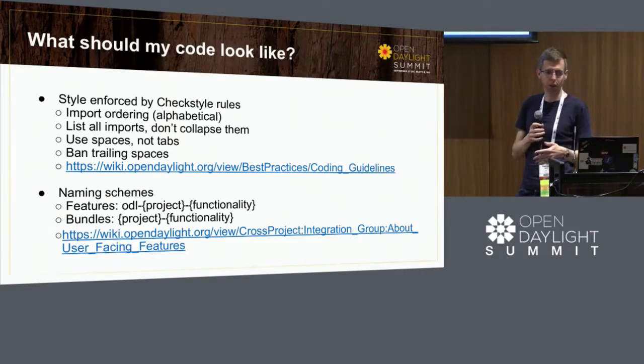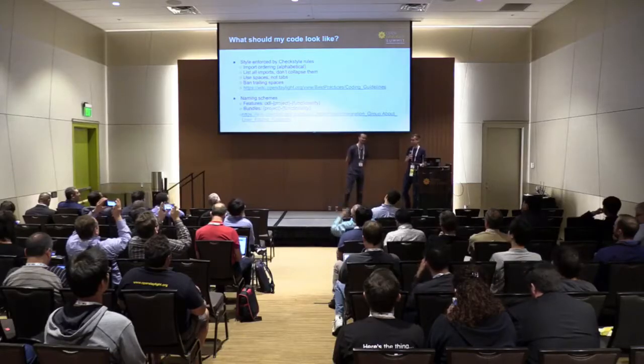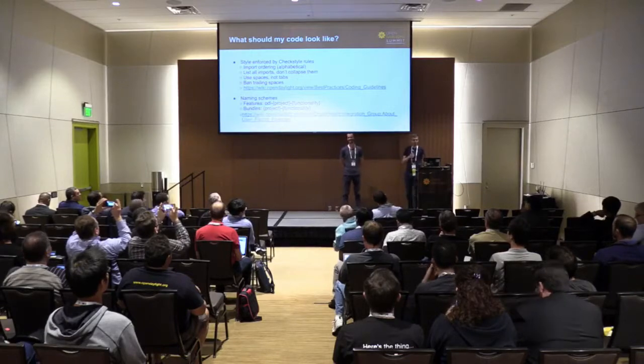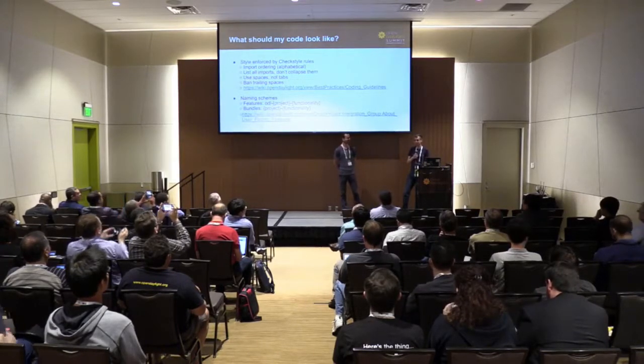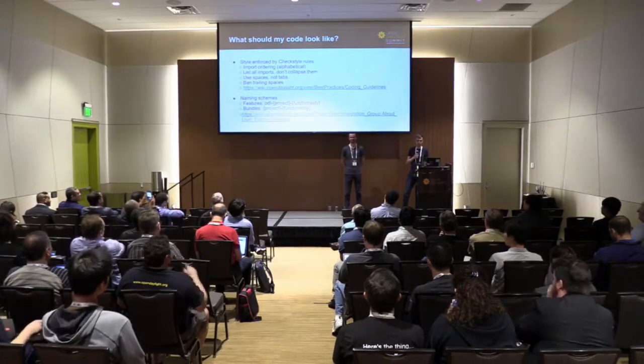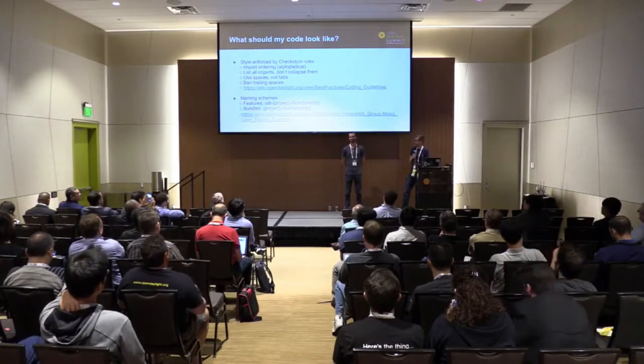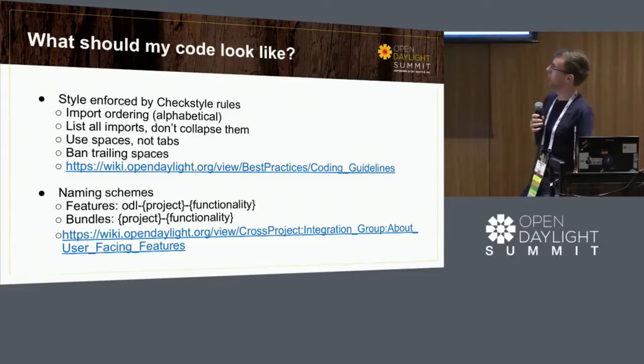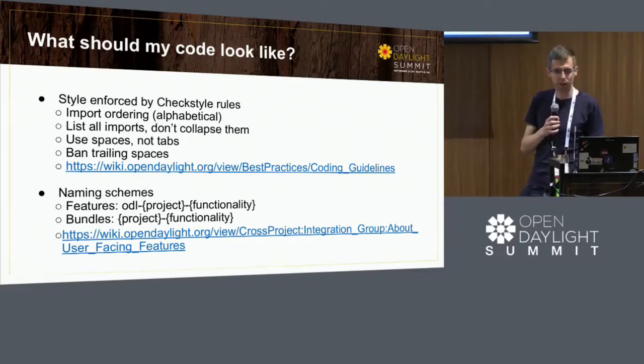So some of the rules are that your Java imports are supposed to be in alphabetical order. You must list them all without collapsing any. You use spaces, not tabs, so that's that fight settled once and for all. You mustn't have trailing spaces, and Git will tell you about that as well as checkstyle. And all the rules are detailed on the wiki page that's linked there.